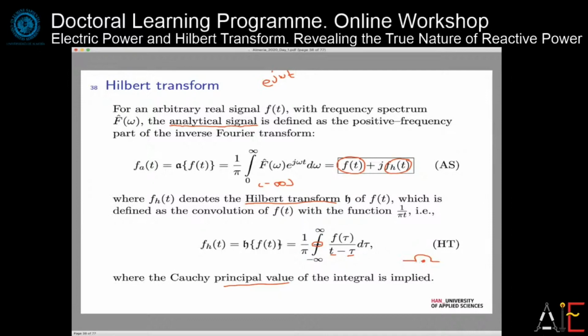If you want to know details, just Google Hilbert transform.